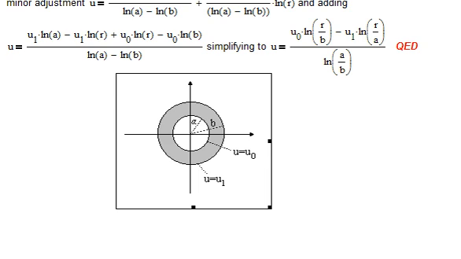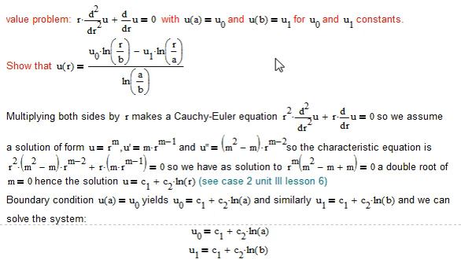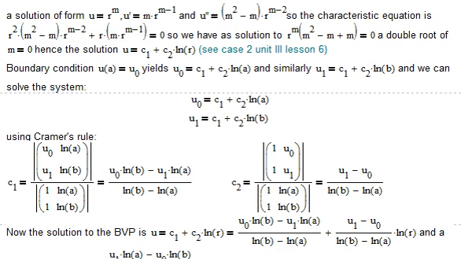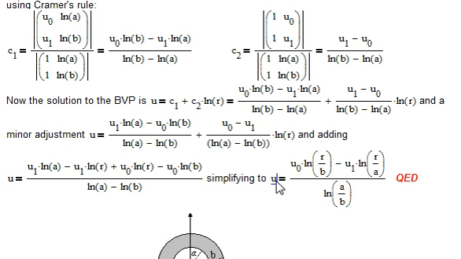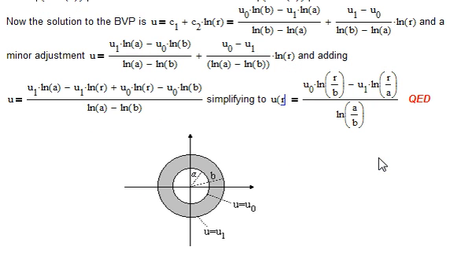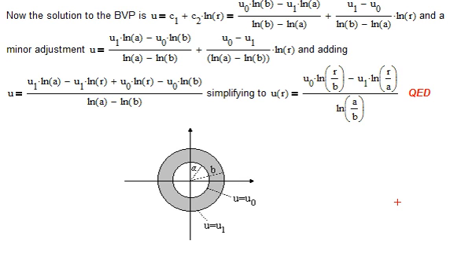I hope that's what we wanted to show. And lo and behold, that is what we wanted to show. I guess I probably could have said this as u of r. There, now that's better. And that's what we wanted to show, and that's the last video for Unit 3.